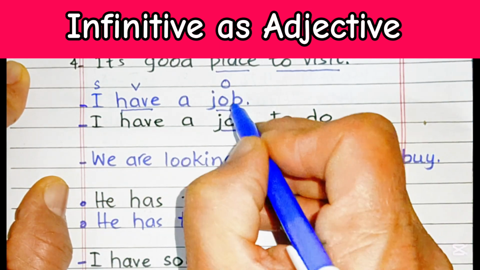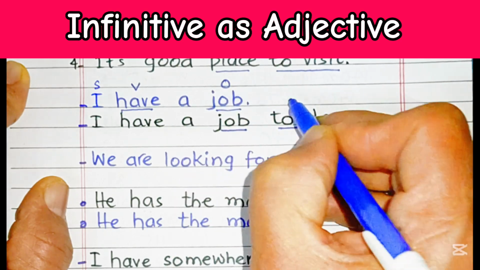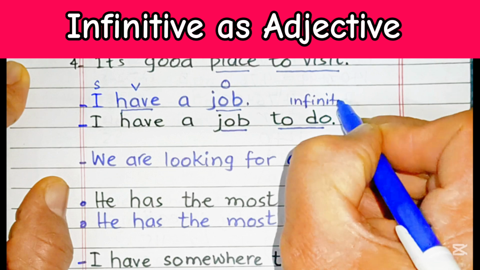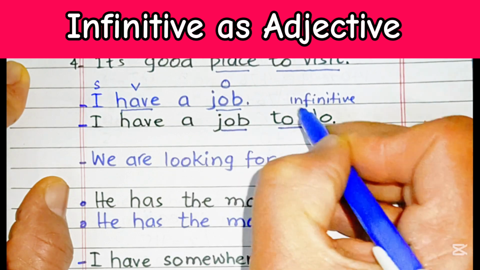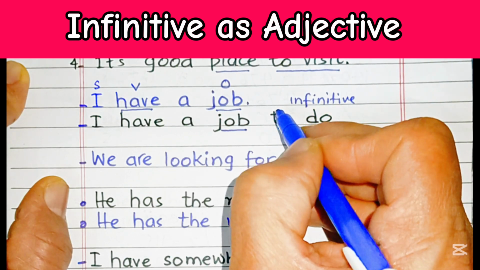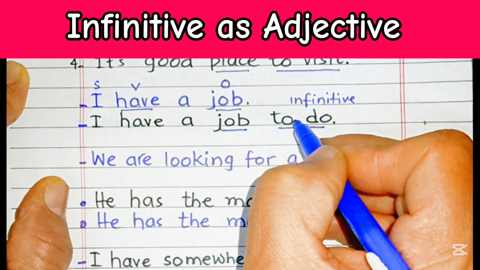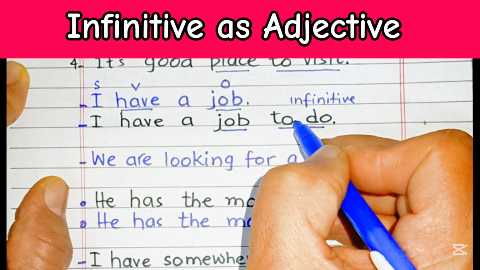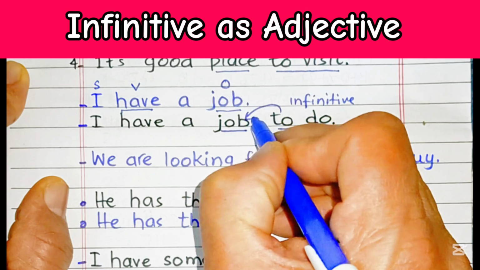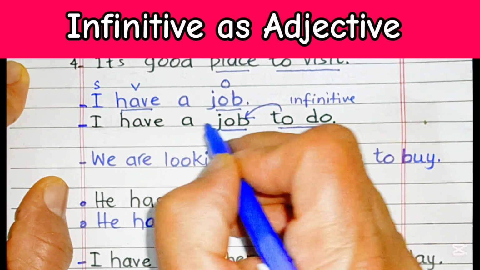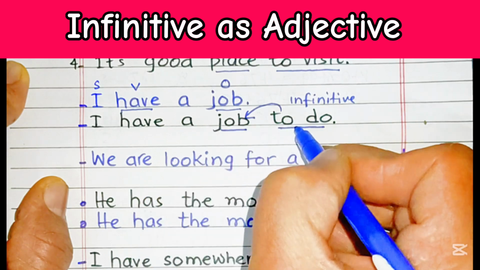So this is the object and then this is an infinitive, to do. These two words, to do, function as an infinitive and they modify the noun job. I have a job to do.